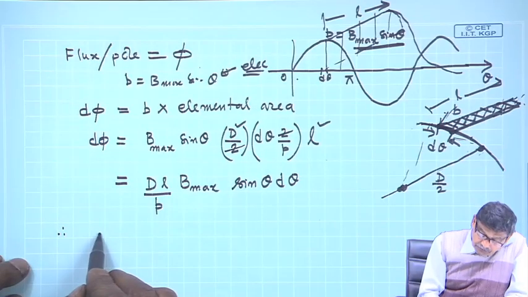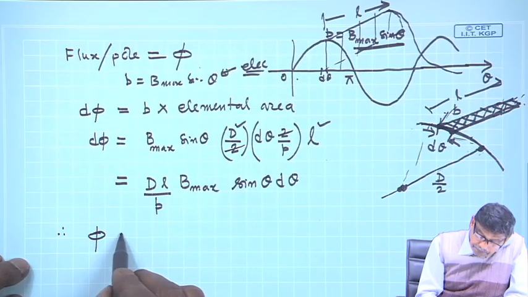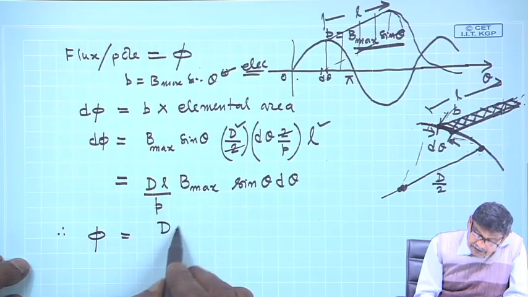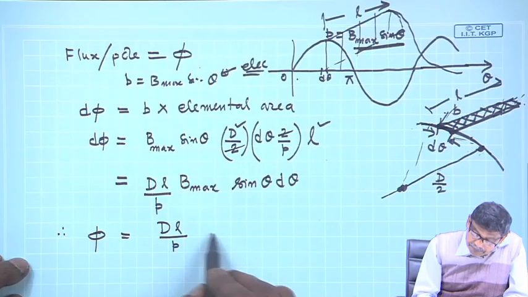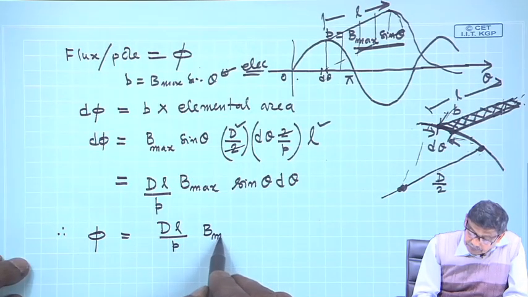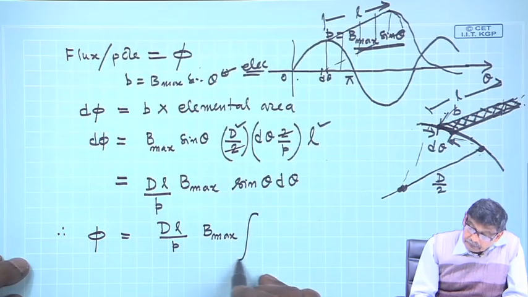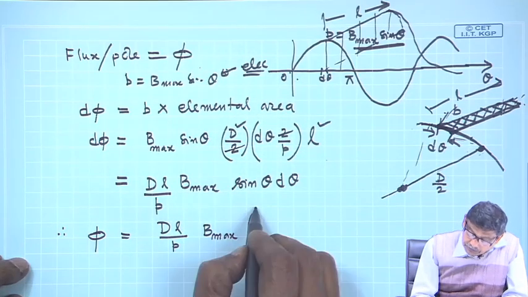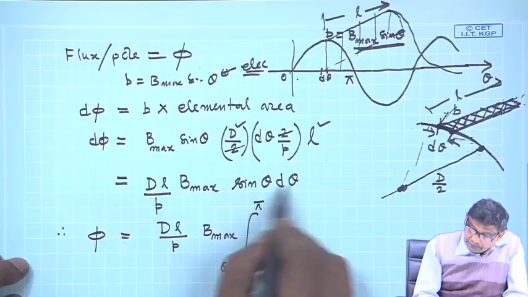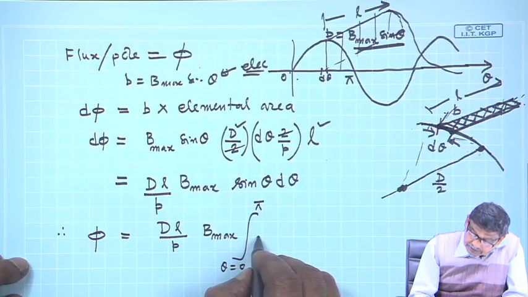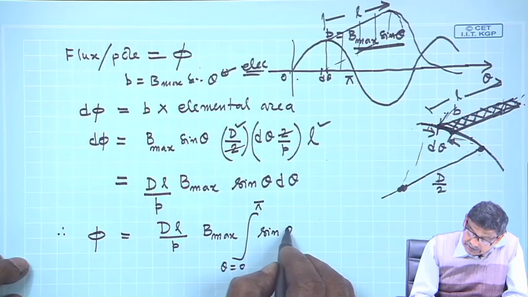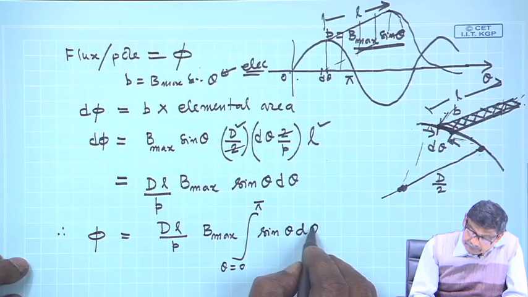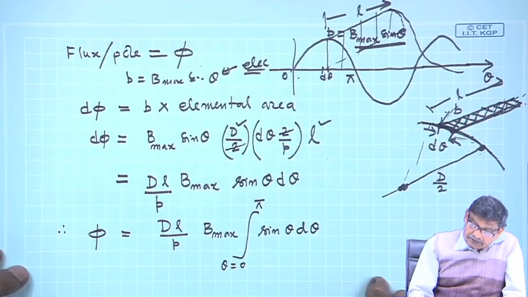Therefore, to calculate flux per pole, D L by P B max, I have to integrate from theta equal to 0 to pi, because everything is in electrical degree. So it will be sin theta d theta.